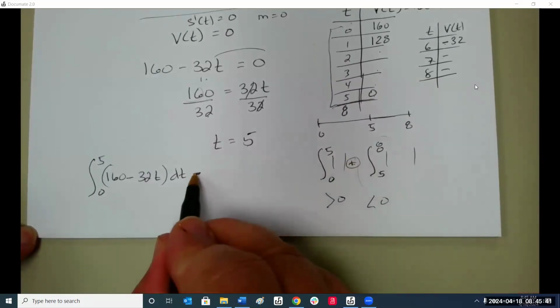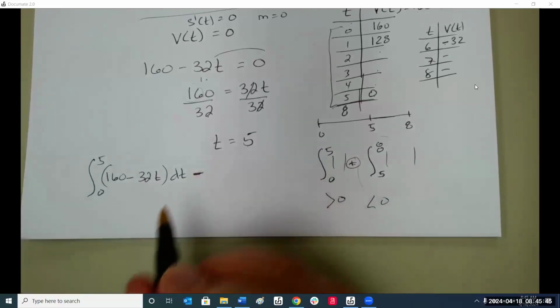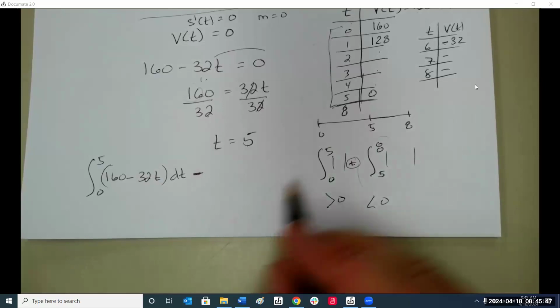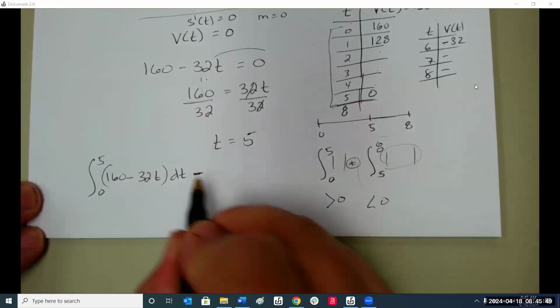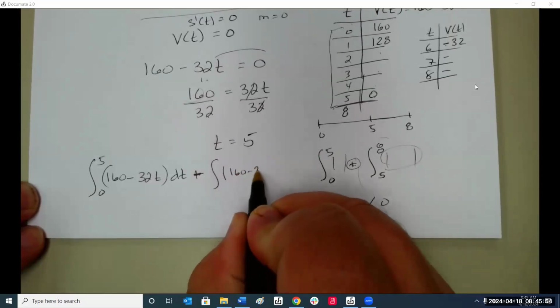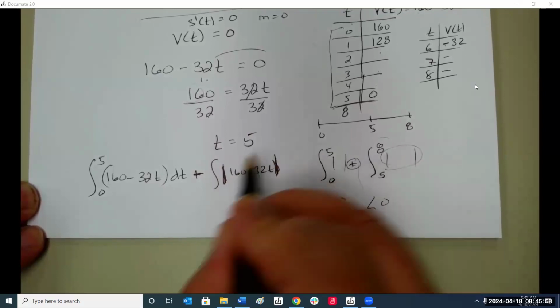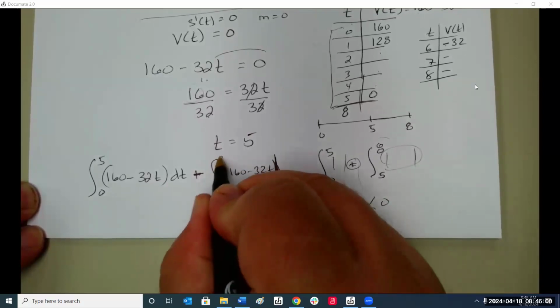Instead of a plus, I'm not going to subtract them. Or again, you can do anything you want to, because since you know these are all going to be negatives, we could just take the absolute value of 160 minus 32t from 5 to 8.